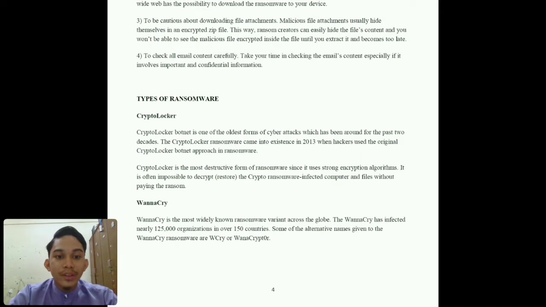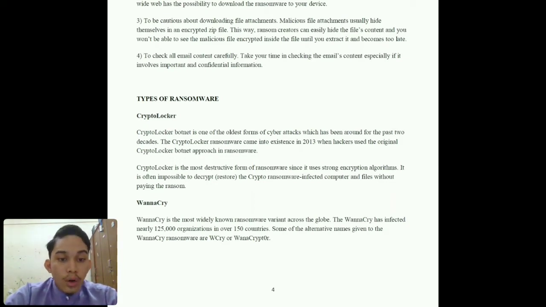Types of ransomware. CryptoLocker. The CryptoLocker botnet is one of the oldest forms of cyber attack, which has been around for the past 2 decades. The CryptoLocker ransomware came into existence in 2013 when hackers used the original CryptoLocker botnet approach in ransomware.